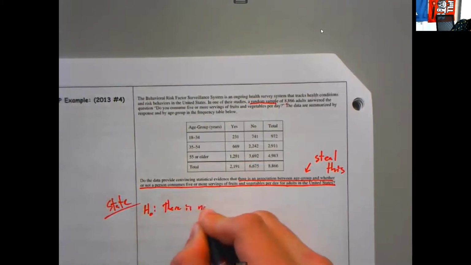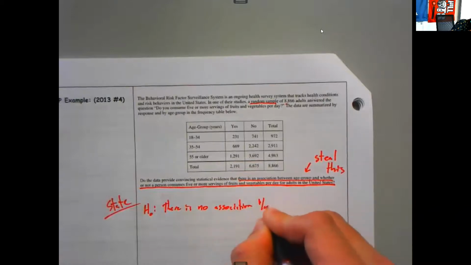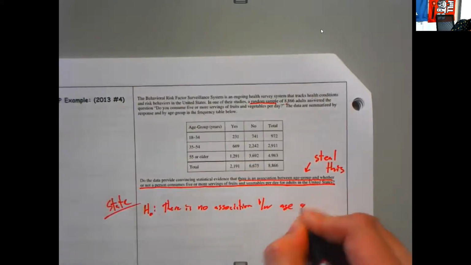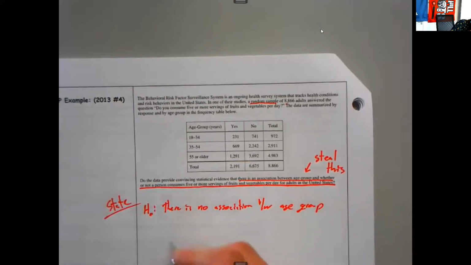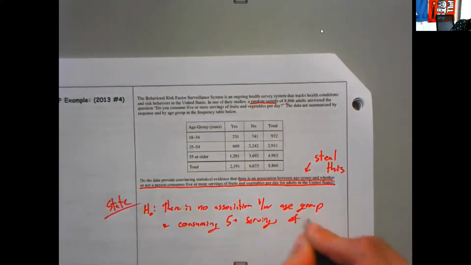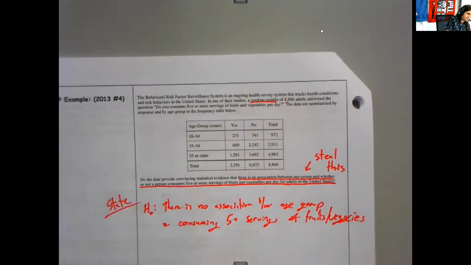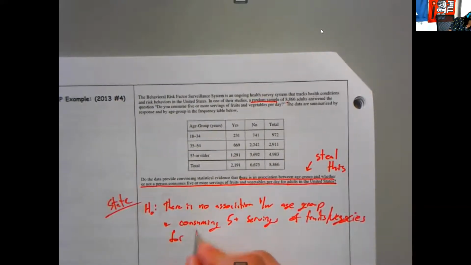H0: There is no association between age group and consuming 5+ servings of fruits and veggies for U.S. adults.